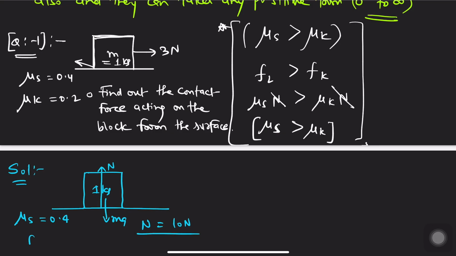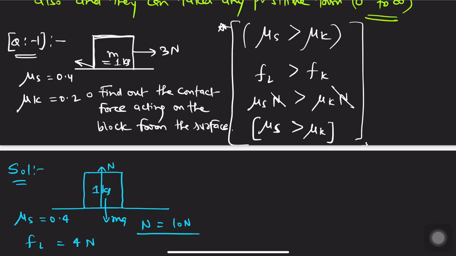So f limiting available is 0.4 into 10, that is 4 Newton. Sorry, 1 minute, I made some mistake. This is 4 Newton.